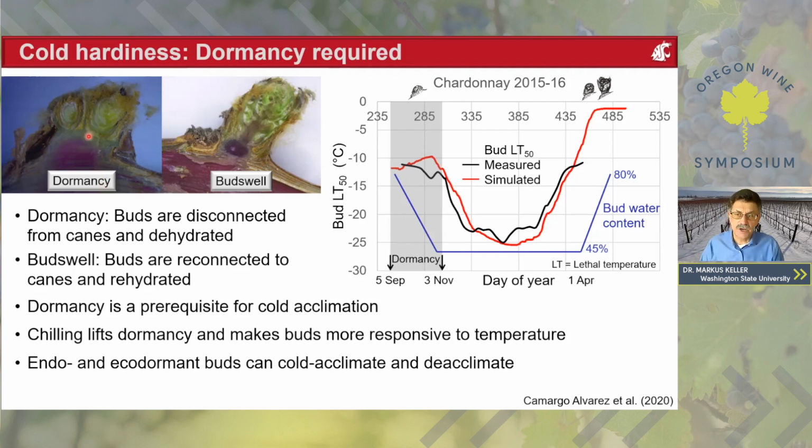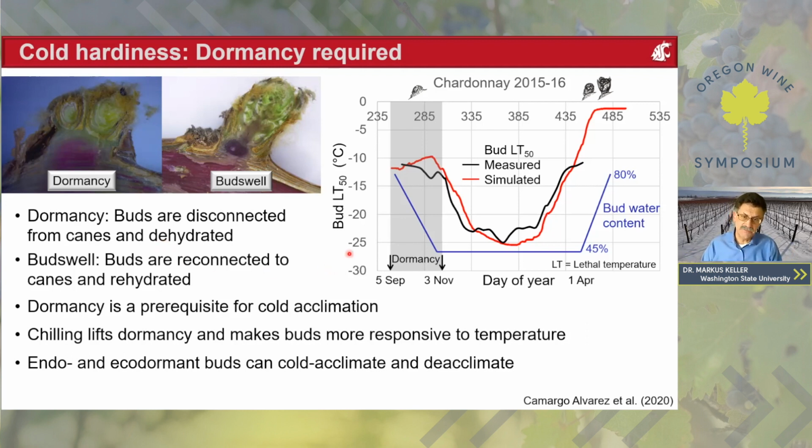As soon as the bud goes dormant, it disconnects itself from the shoot to protect itself from water flow during the winter so that it doesn't freeze when the water freezes inside the plant. So you can see that in a dormant bud, the bud is entirely green. There's no red dye at all in the bud. The bud is completely disconnected from the shoot, and that enables the bud to dehydrate.